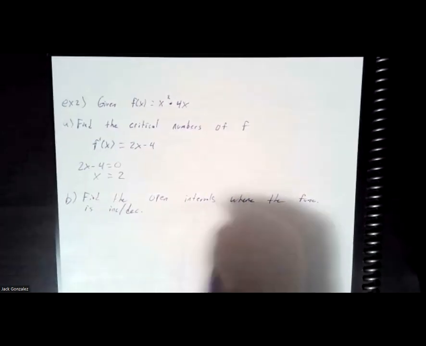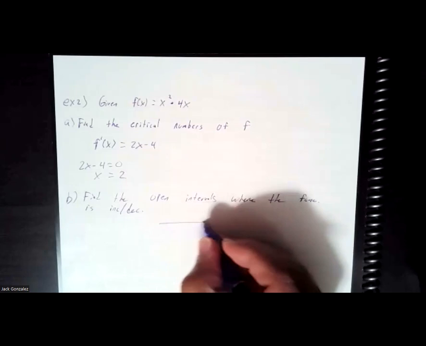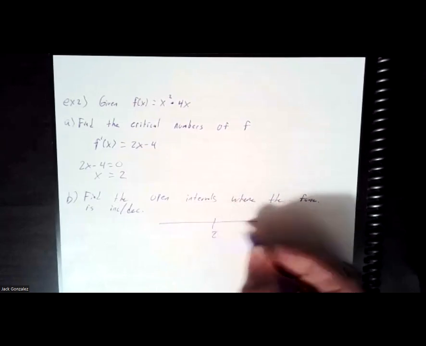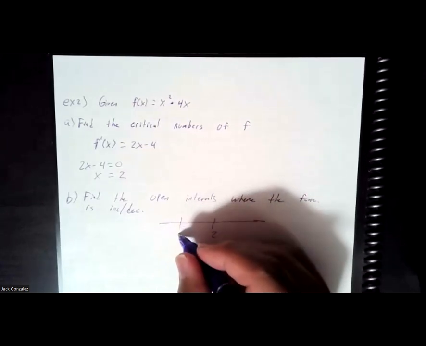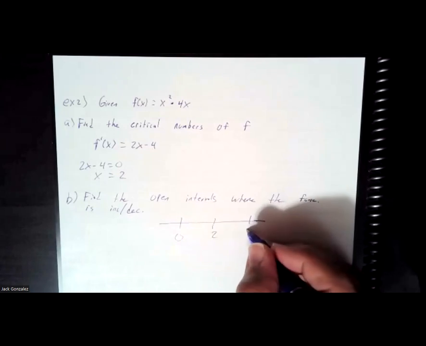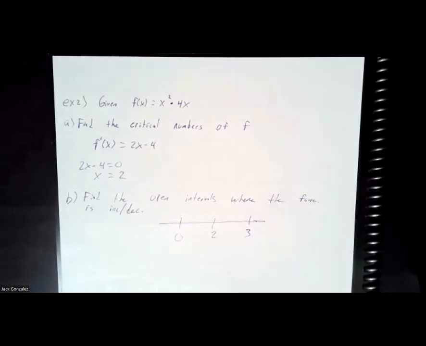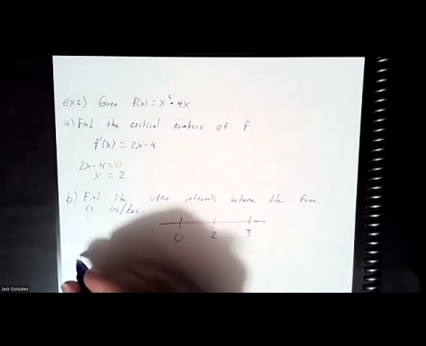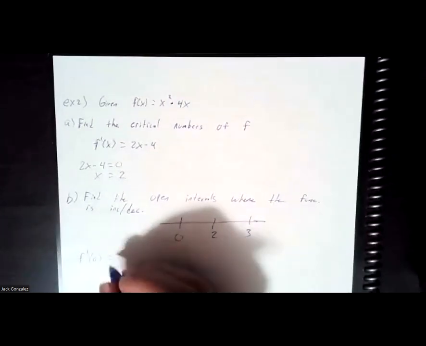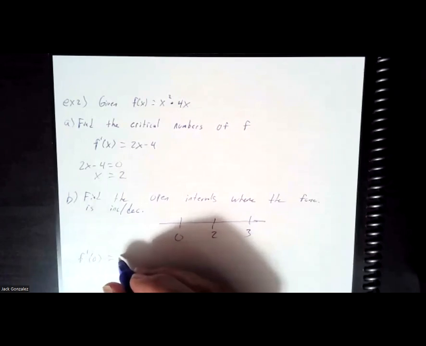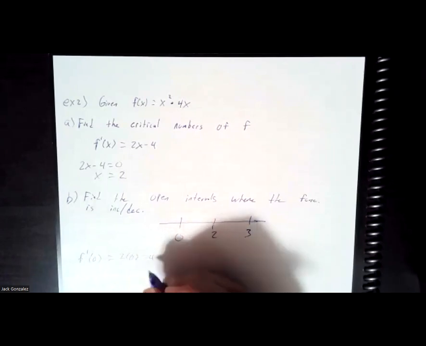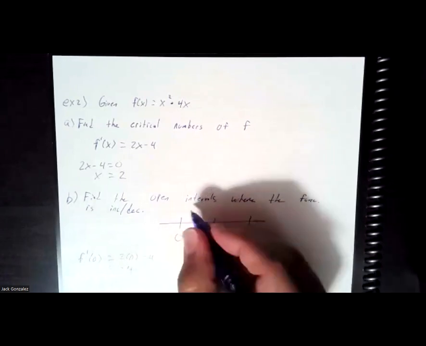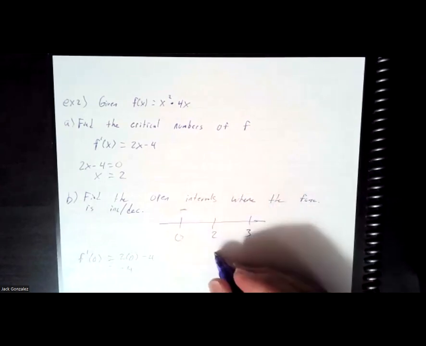Okay. So we're gonna use the first derivative test and test around 2. So I'm gonna pick 0 and I'm gonna pick 3, I guess. So plug that in here. That would be 2 times 0 minus 4. Very similar to the last one. That is negative.